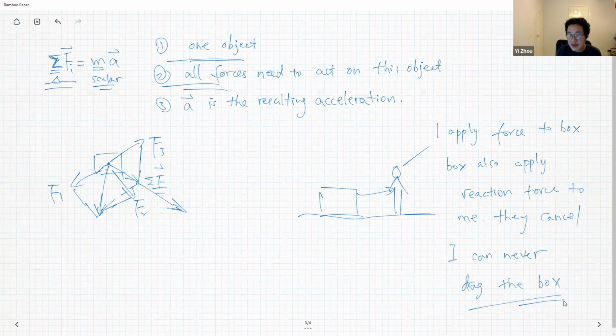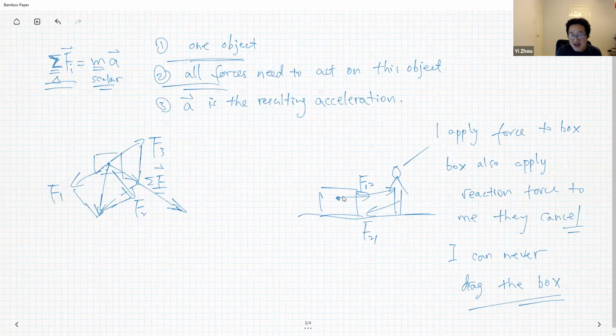The forces don't cancel because one is applied on the box and the other is applied on the person. Right. So we need to remember they are on different targets. This force F12 is applied on the box, and this one is applied to the person. The box will move or not depending on all the forces applied to the box, not to the person.